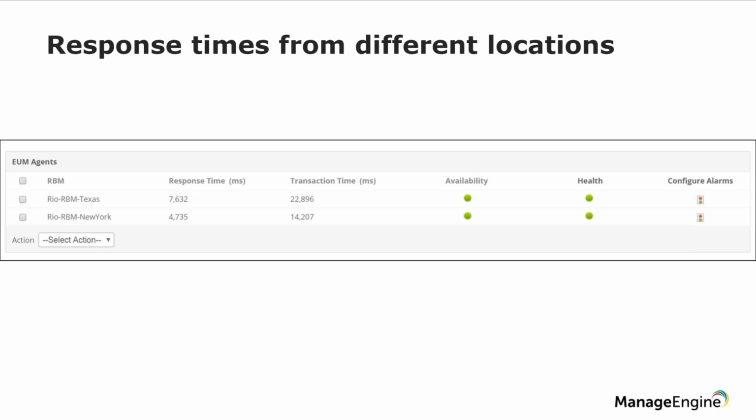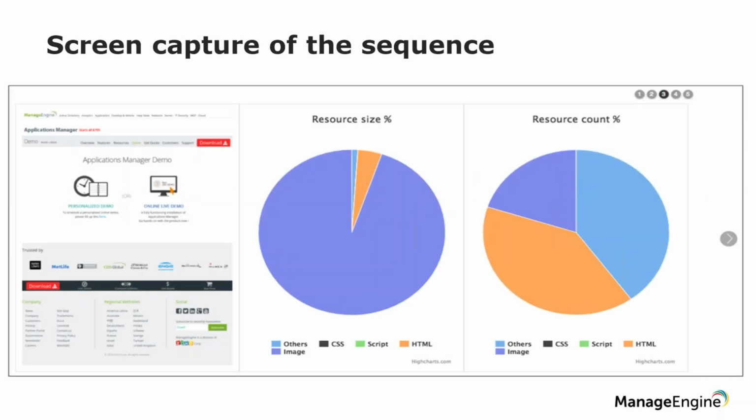That is performing the playback from different locations, and it is showing you the response time and the availability of the website. Not only that, we capture the screen action that has been performed. Based on that, the resource count will be displayed, for example how much is the size of the images used in that particular step, and based on the resource count percentage, the resource size will be calculated.